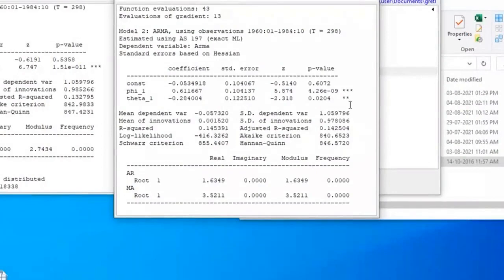No, that is the problem. Whether the correlogram says it is AR1 or AR2 or MA1 and MA2. See, I have shown you the correlogram for an MA1 process, right? Yes, sir. And we were not able to identify whether it is an MA1 or AR1.